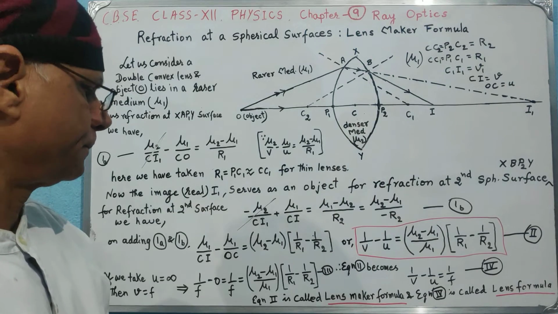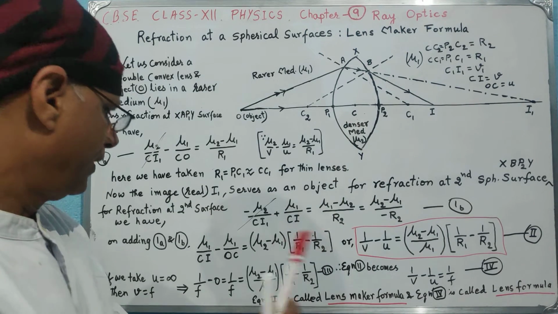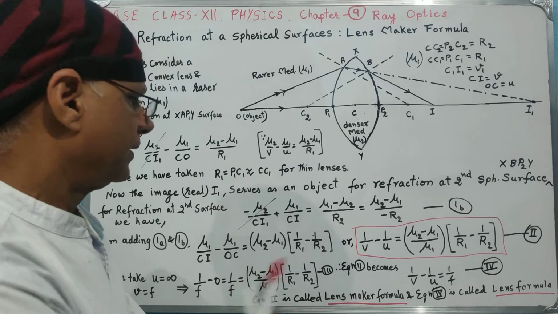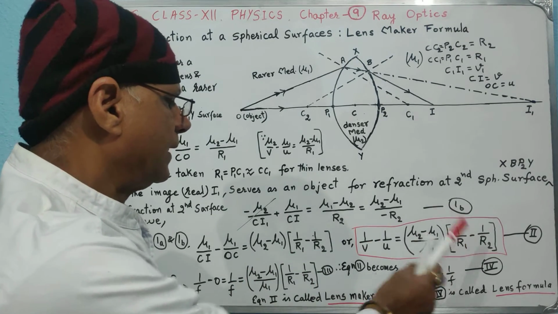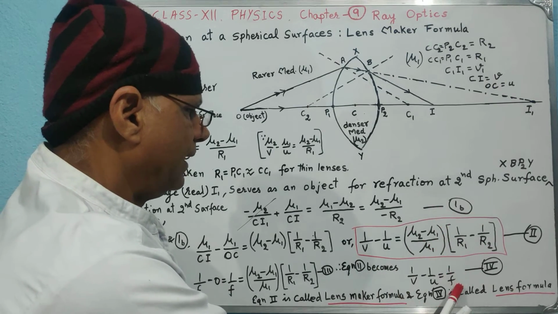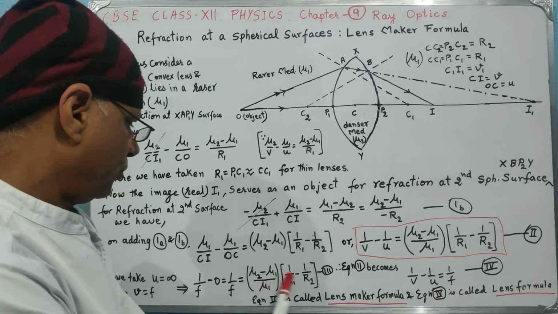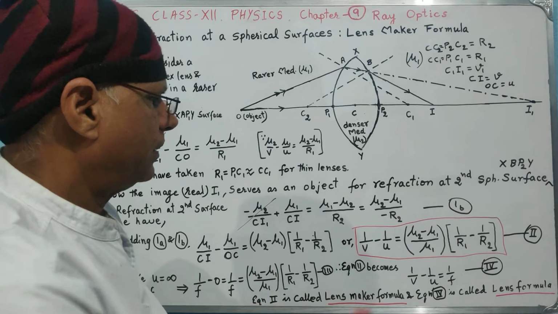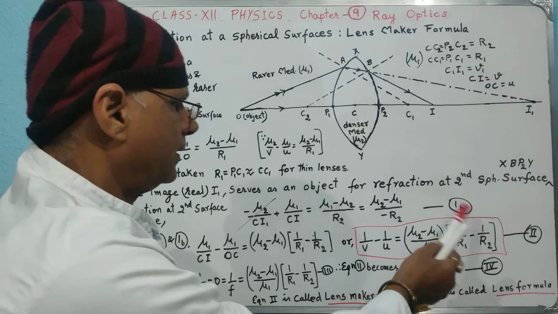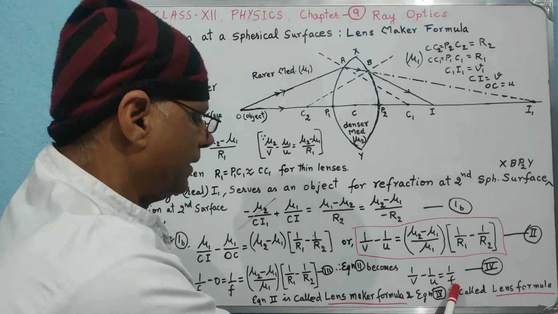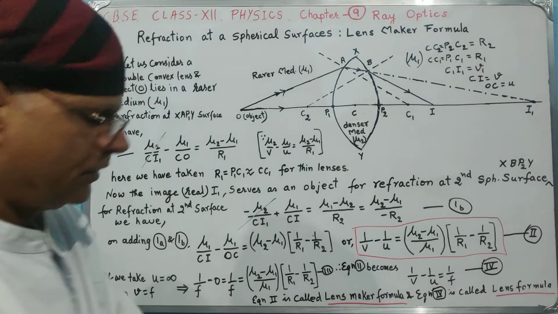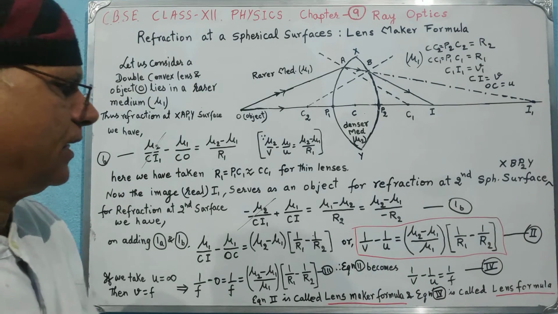Now if we put this value equal to 1 by f in equation 2, that is Lensmaker formula, on the right hand side we have 1 by f for this expression, mu2 minus mu1 whole divided by mu1 into within bracket 1 by R1 minus 1 by R2. So for the RHS we have 1 by f, and for LHS we have 1 by v minus 1 by u. This is known as Lens formula.